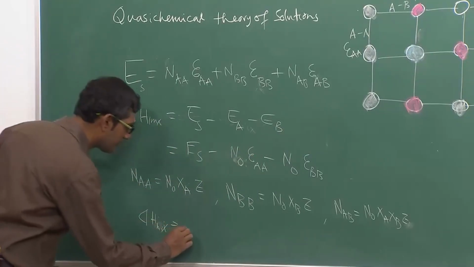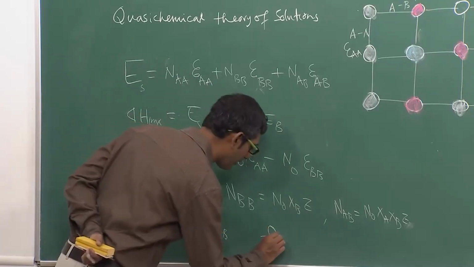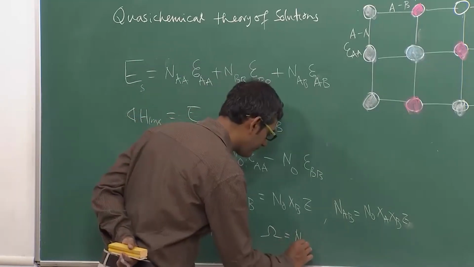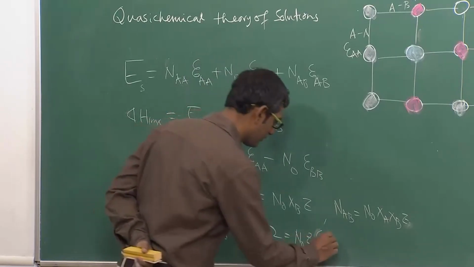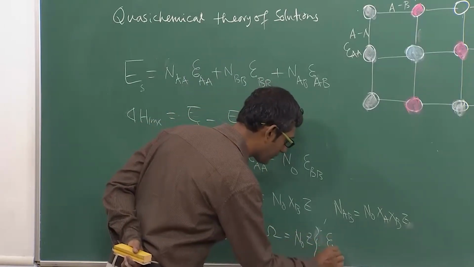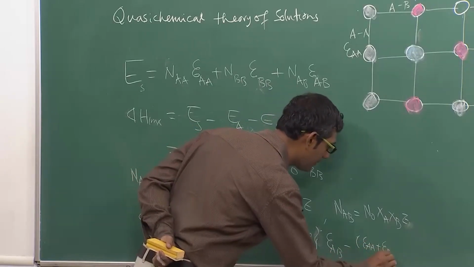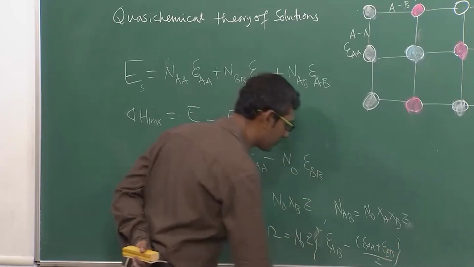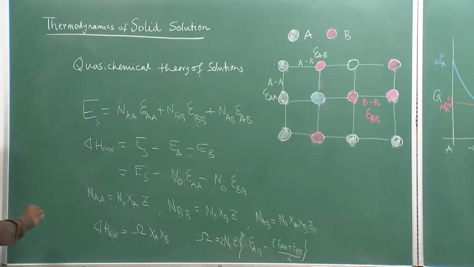What you will get is delta H mix equal to sigma XA multiplied by XB, where sigma has a value of N0 Z into epsilon AB minus epsilon AA plus epsilon BB by 2, and this will be multiplied by 2 normally, but many times this 2 is absorbed within sigma. Thus I get an expression of delta H mix like this.